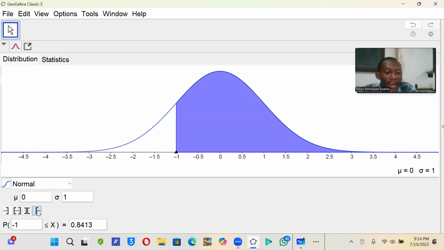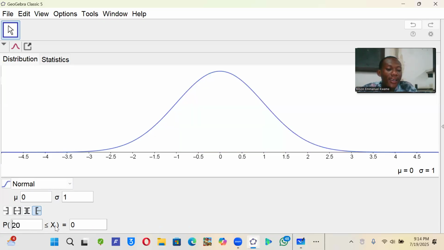Finally, the last one shows the probability that at least 20 people pass, meaning X is greater than or equal to 20. At least means it can be the value 20, or it can be more. The least should be 20. That is what it means.